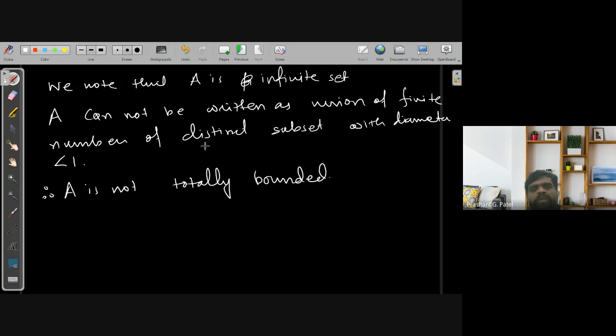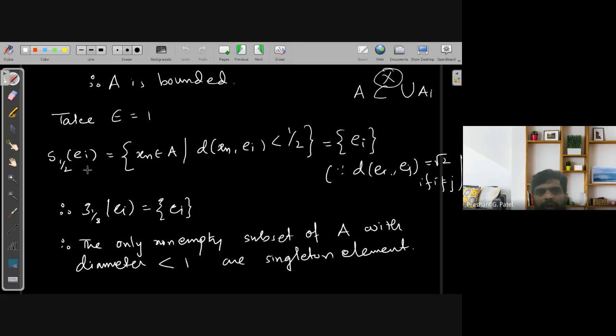And therefore we can say that A is not totally bounded. So ultimately what we have done here is that A cannot be covered with a finite number of singleton sets, because we have taken the diameter less than 1. These are the sets which cannot cover the entire set A because they are singleton sets, and finitely many singleton sets will not cover an infinite set.